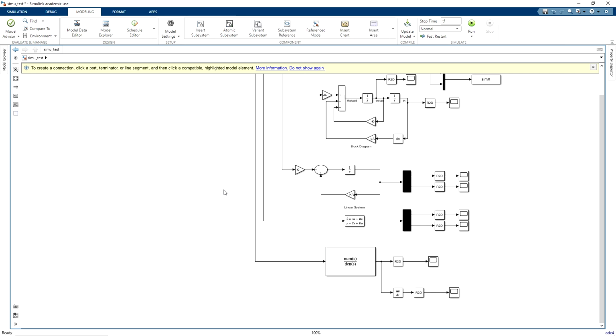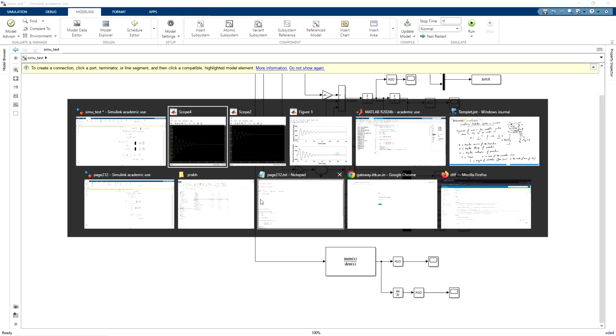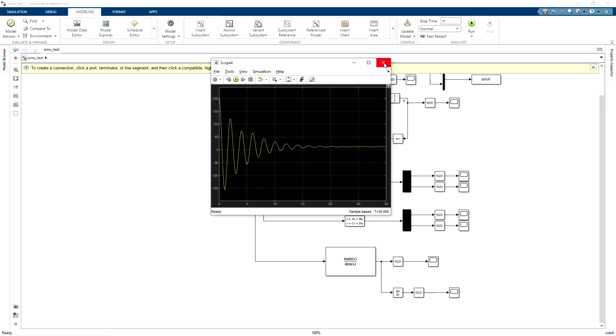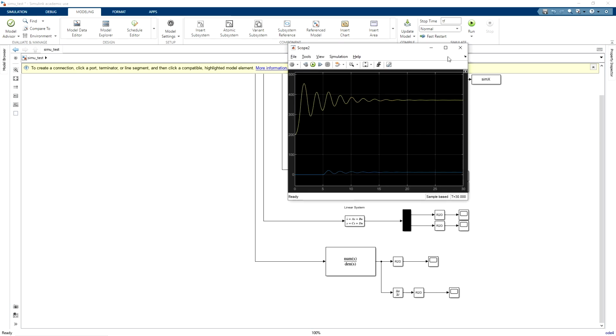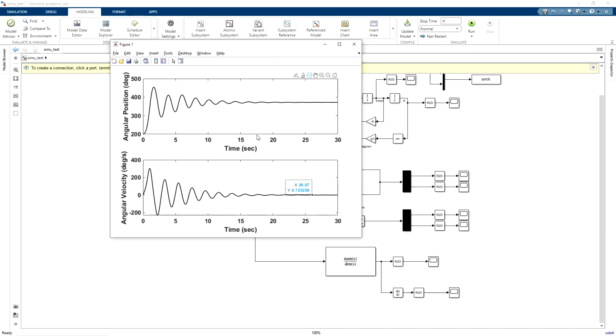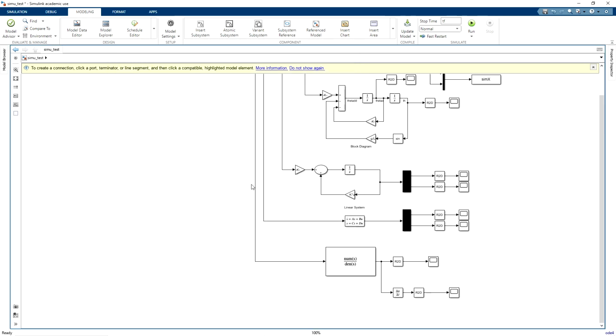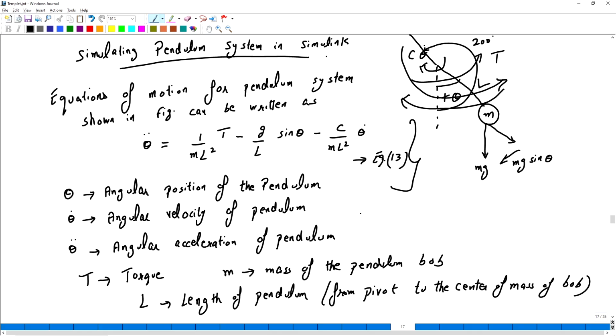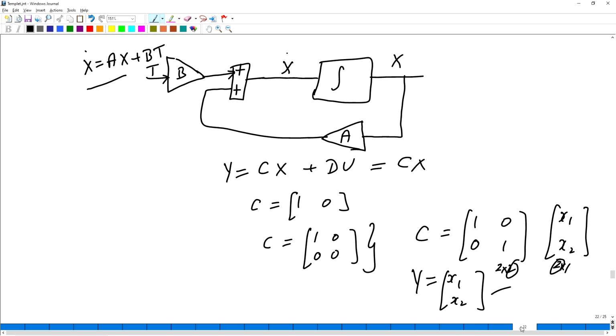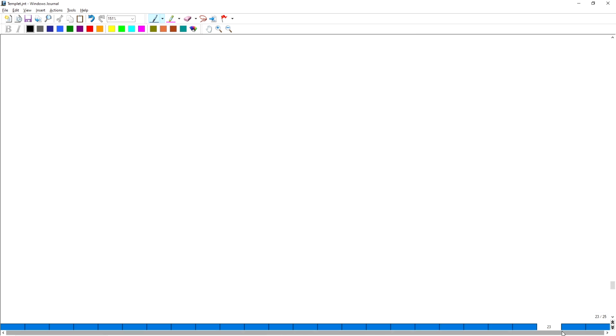Now, finally, before I end this discussion on the pendulum equation, let us predict one more situation where I have considered a different input.